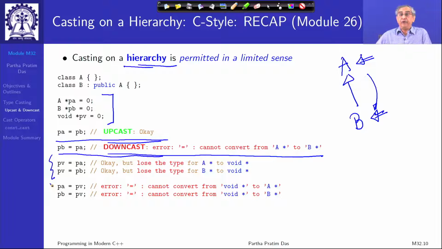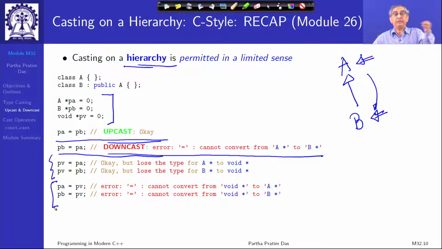With void star, you are saying that it is a pointer to I do not know what. I can take any pointer and put it to void star implicitly. I will lose the type information, but there is nothing wrong that is going on. But I obviously cannot do the reverse.